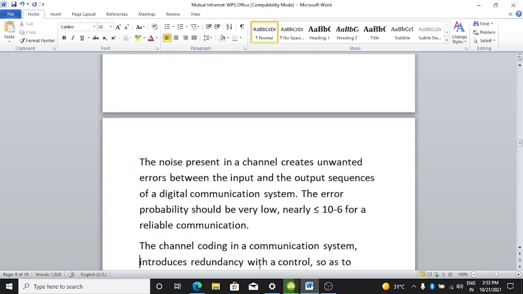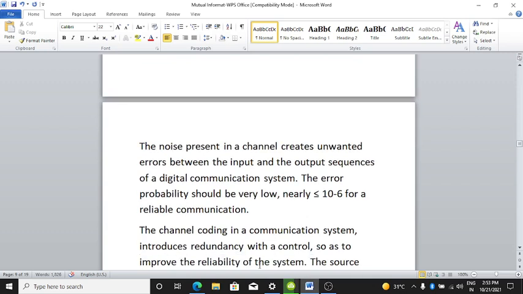Now, as we know, the noise present in the channel creates unwanted error between the input and output sequences of a digital communication system.